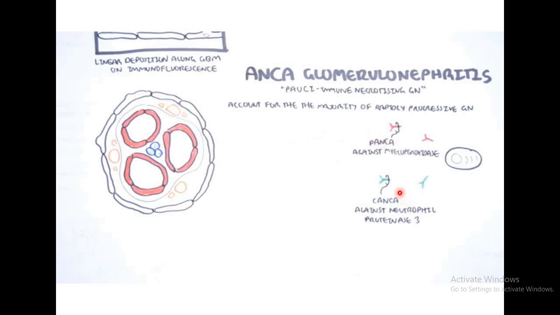C-ANCA will act against the proteinase in the neutrophil, and this will further activate the lysosome function in the monocytes and macrophages, and this ultimately leads to inflammation causing renal vasculitis.